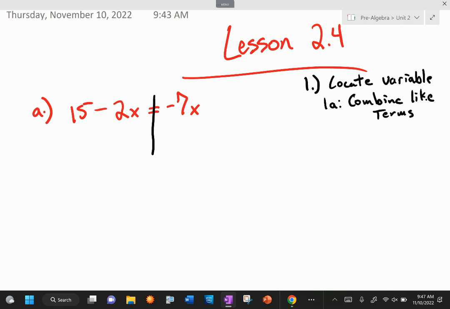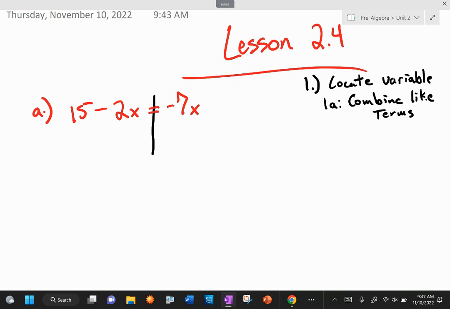And in order to do that, we have to move all the variables to one side or the other.